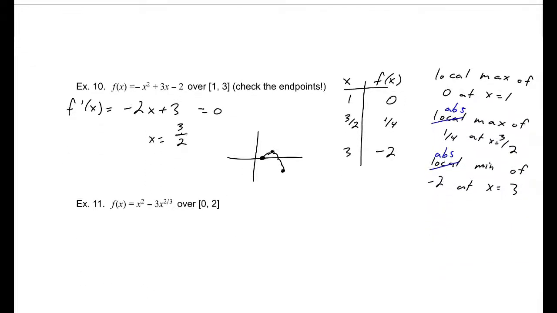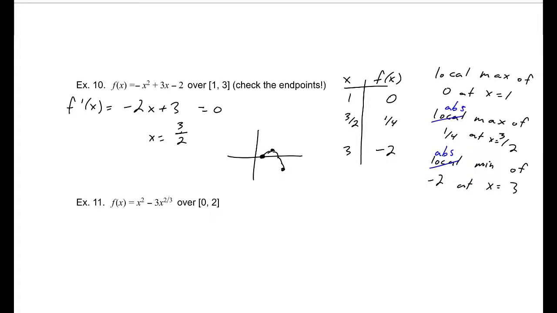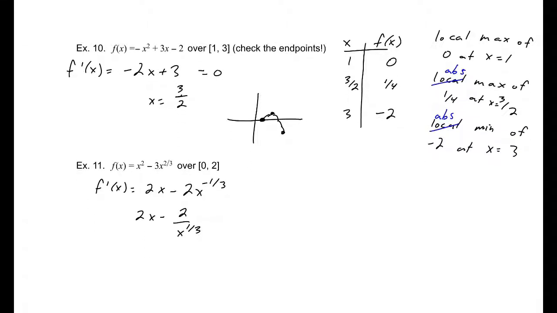All right, now for our last equation, we will find f prime of x equals 2x minus 2x to the -1/3, which is 2x minus 2 over x to the 1/3. Now, let's go ahead and make a common denominator. 2x to the 4/3 minus 2 over x to the 1/3.